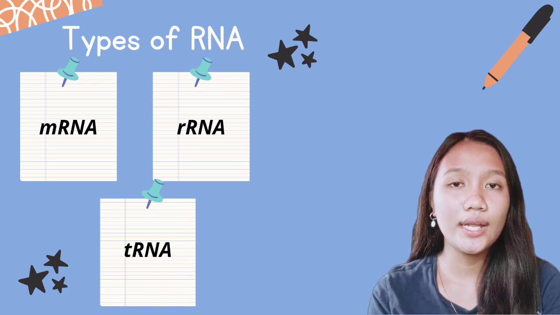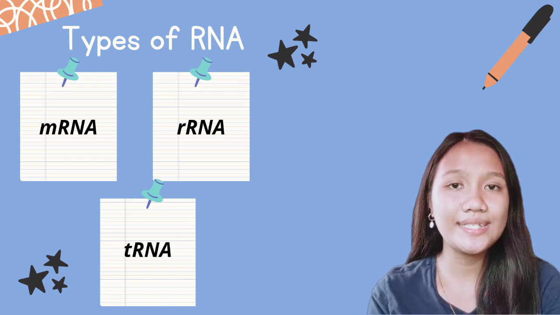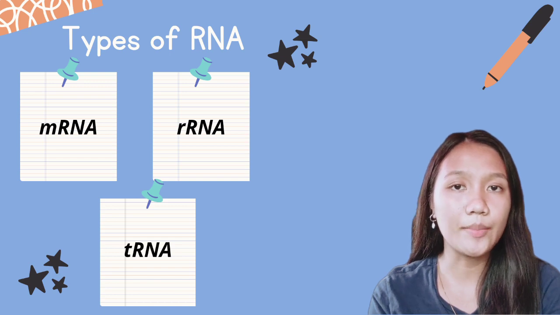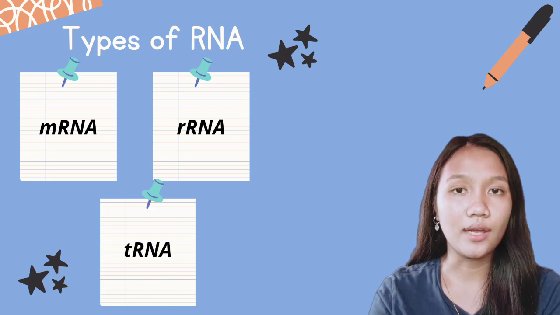The second one is the rRNA or the ribosomal RNA. The rRNA complexes with proteins to make the cellular organelle, the ribosome. The third is the tRNA, or the transfer RNA.